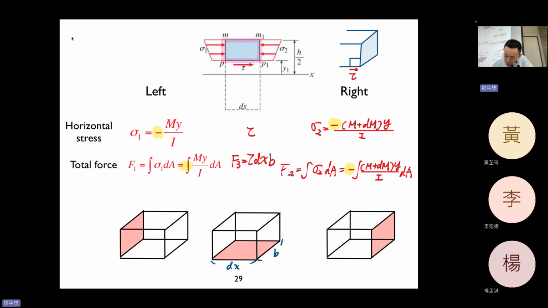This is tau, and actually what we are going to determine is this one. Our target is this one, but now at this stage, we go for this, because this is easier for us to do the force balance.